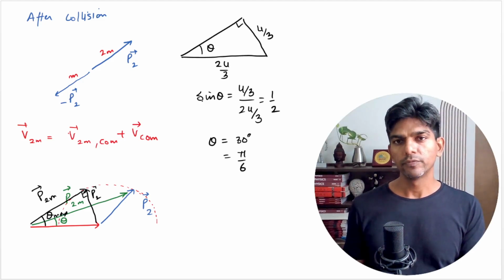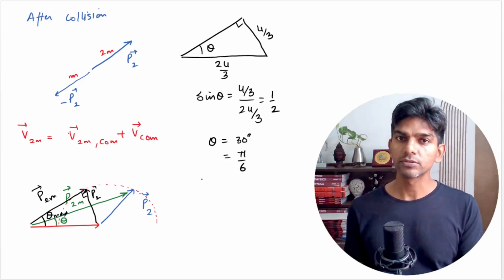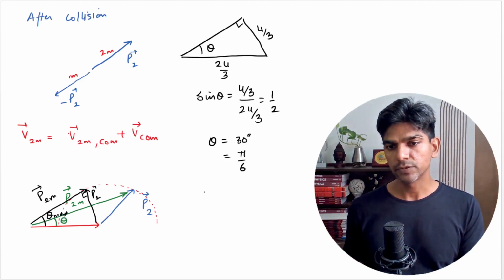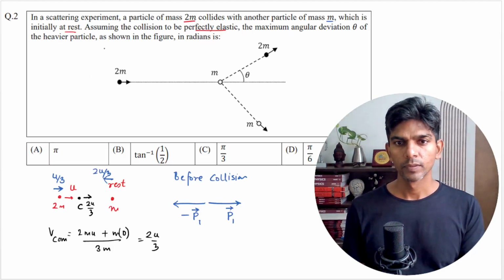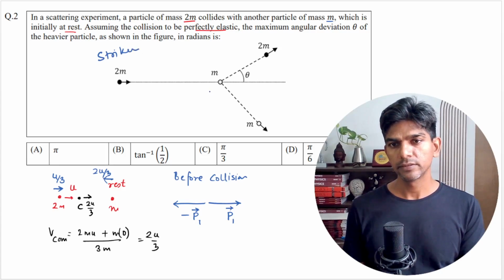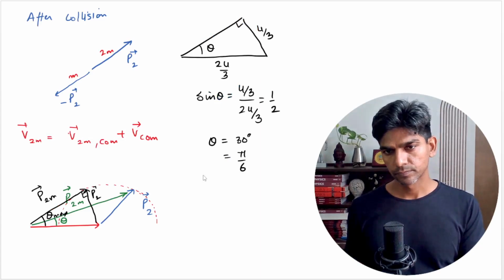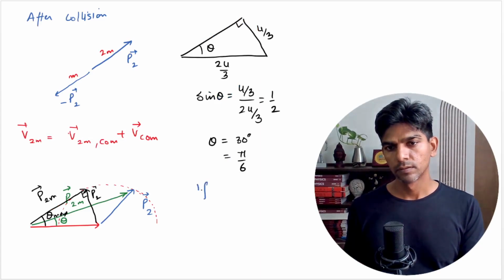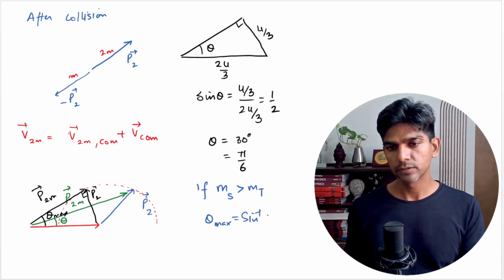So what you can remember: when the mass of the striker is greater than the target, like in this case, we have 2m as the striker and this is the target particle on which it is hitting, then the maximum scattering will be given as sine inverse of mass of target divided by mass of striker.